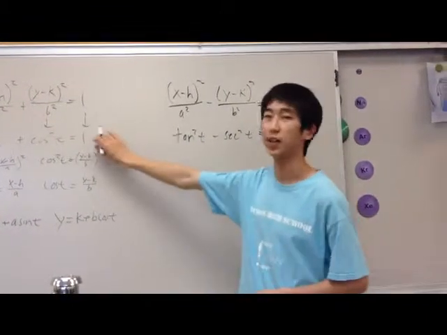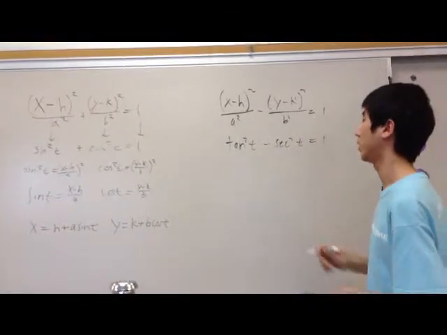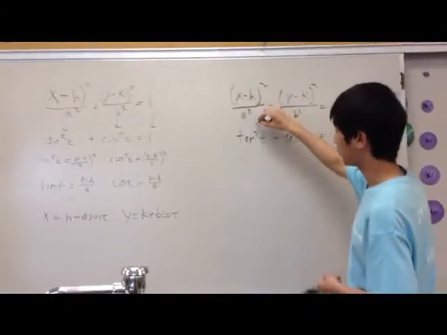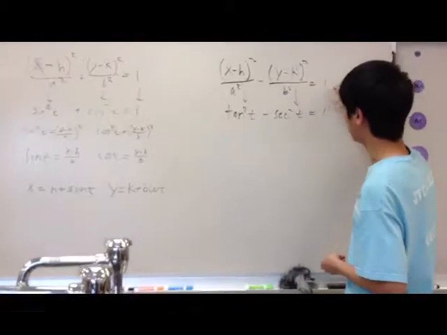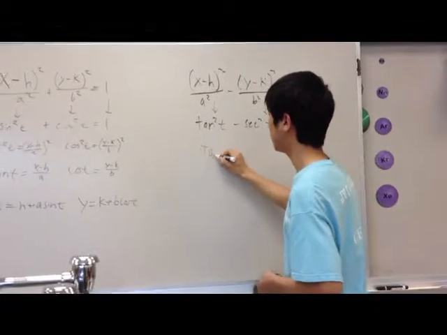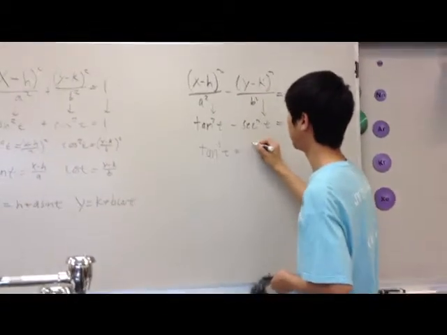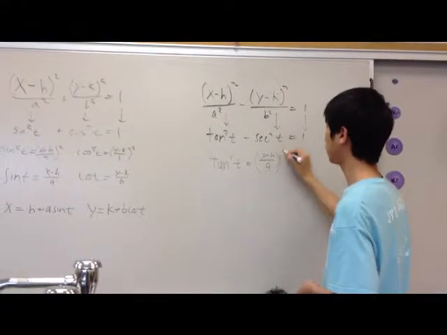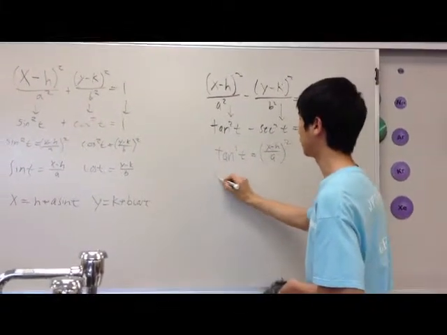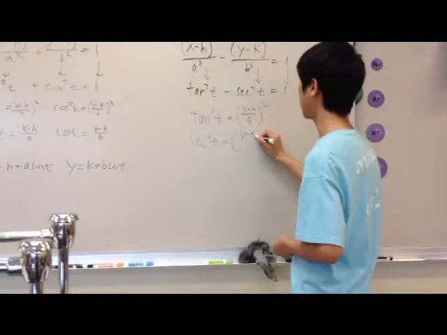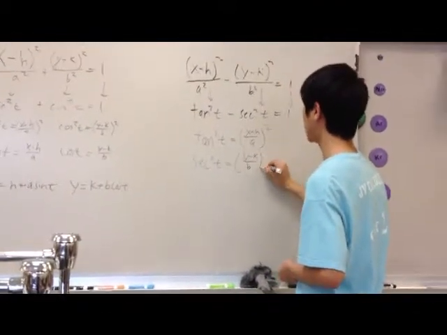This is the same as that equation, except we divide everything by cosine t. And this corresponds to this, to this, and 1 is equal to 1. And we set tan squared t equal to x minus h over a quantity squared, and secant squared t equals y minus k over b quantity squared.